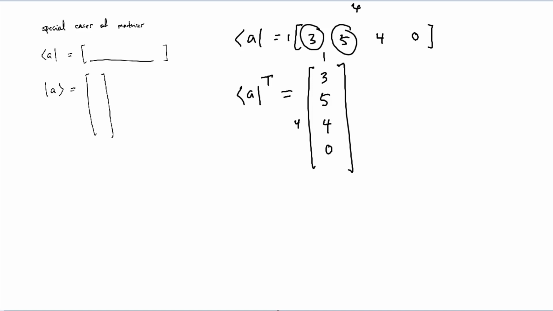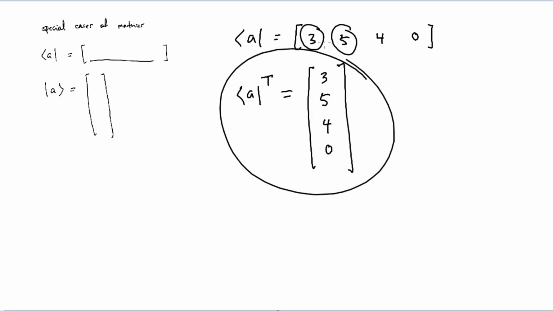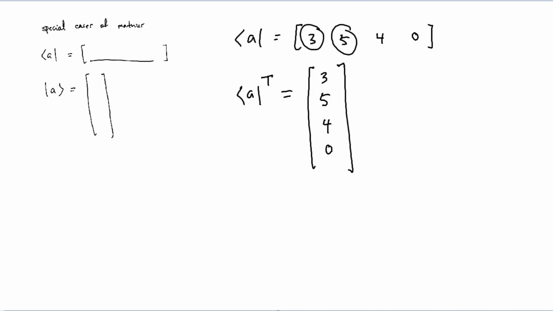What is quite interesting is that if we take a look at this new transposed matrix, we notice that it has a single column.